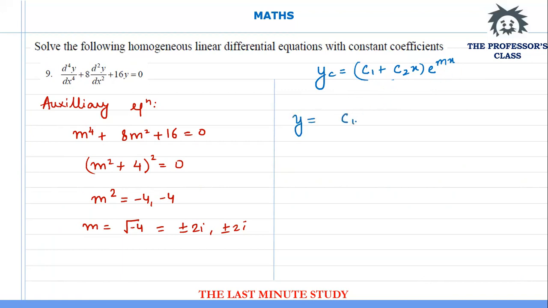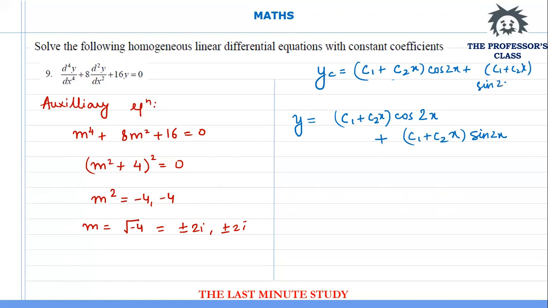So I'll be having c1 plus c2x times cos 2x, since the value of m is 2, plus c3 plus c4x times sine 2x. So this is the final answer I'll be getting after solving this question.